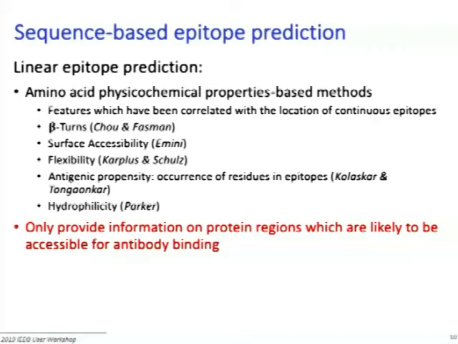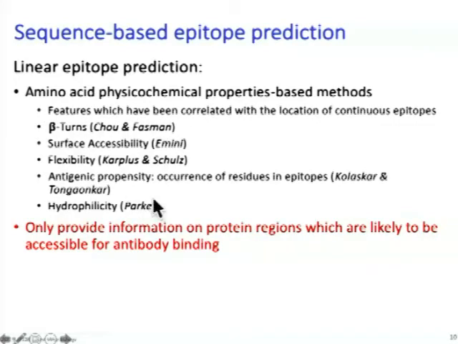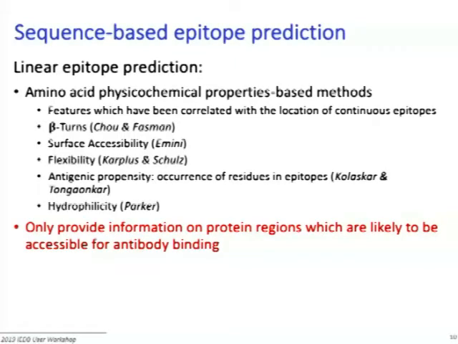Then you can look at stretches of amino acids in a protein that are antibody epitopes, and you find that they are typically more hydrophilic than others. Now, what are you predicting with that? Many of these are very highly associated with regions of a protein that are on the surface. So you're really having, to some extent, a poor man's version of a prediction of which residues are surface accessible on the protein, because those are obviously the ones more likely to be bound by antibodies.